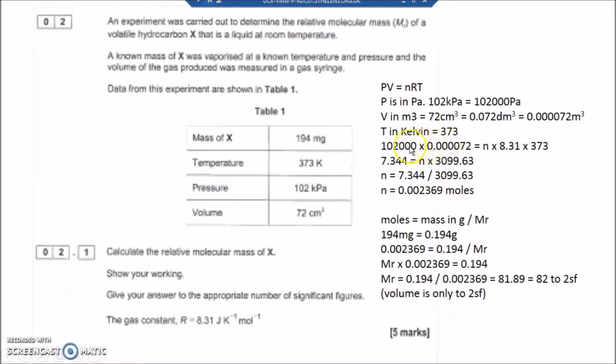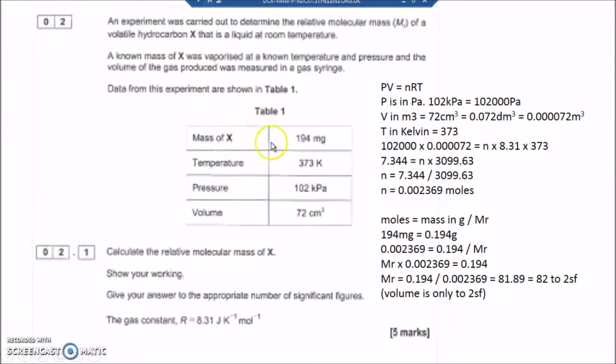Multiply these two numbers out on the left, 7.344 equals n, multiply these two numbers out on the right, 3099.63. So n is 7.344 divided by 3099.63. So the number of moles is 0.002369.